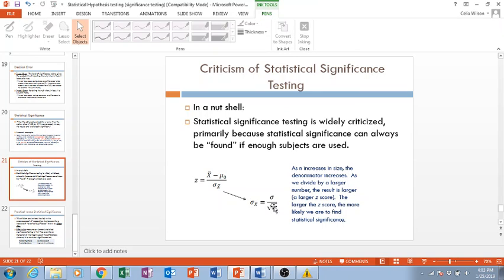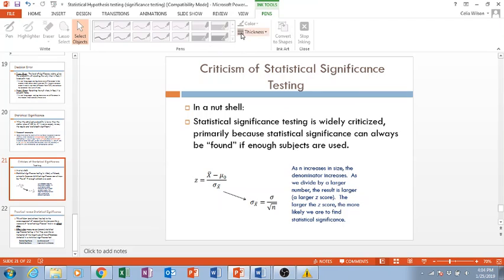Well, if my sample size increases, then this is going to get what? Smaller. And if my denominator is smaller, what's going to happen to my z? It's going to get bigger.